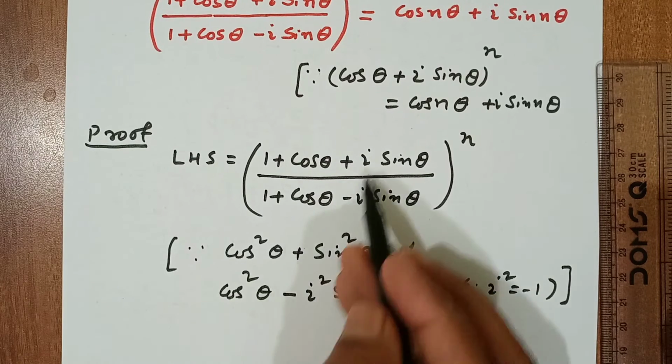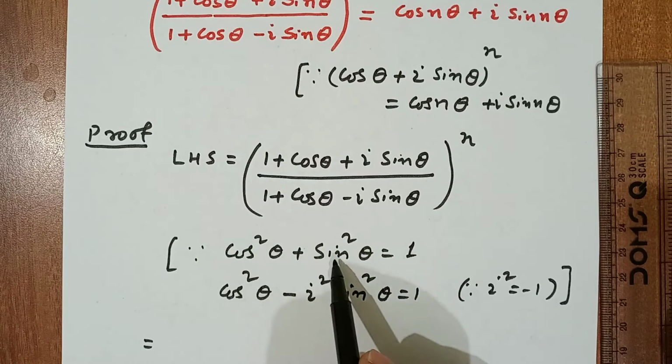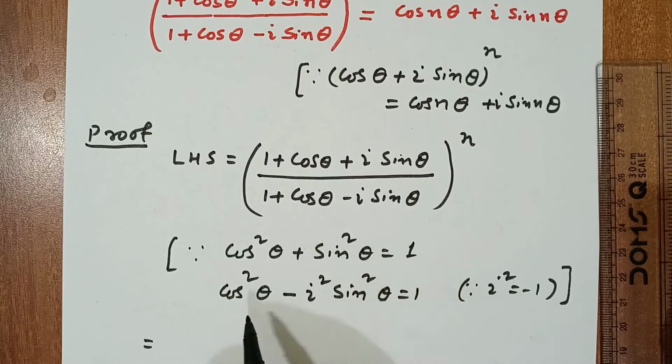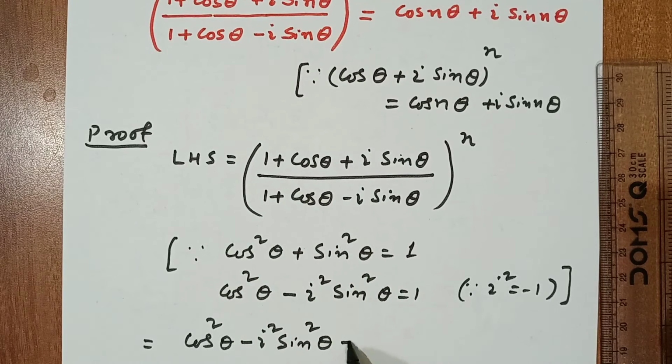So here we write cos square theta minus i square sin square theta in place of 1 in the numerator, 1 plus cos theta plus i sin theta.